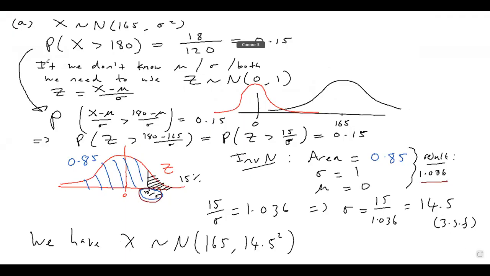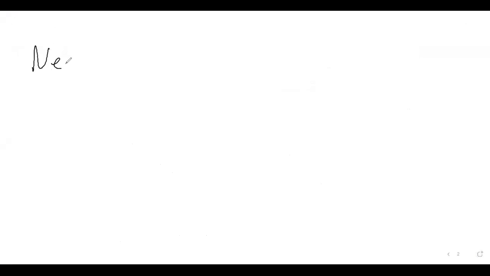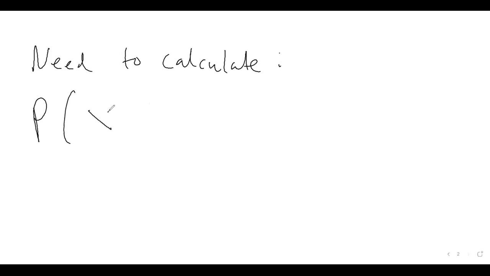So we need to calculate the probability that x is less than 159.9.